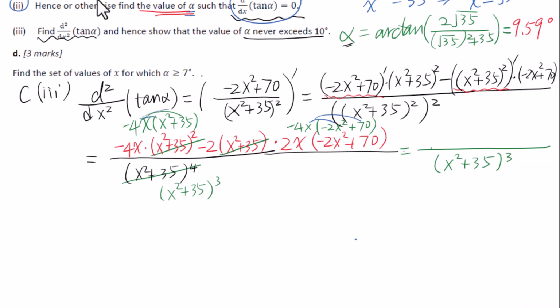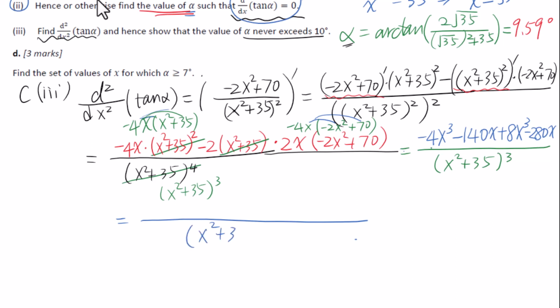Distributive property: negative 4x times x squared will be negative 4x to the third power. Negative 4x times 35 will be negative 140x. Negative 4x times negative 2x squared is a positive 8x to the third power. Negative 4x times 70, negative 280x, equals, denominator x squared plus 35 to the third power.